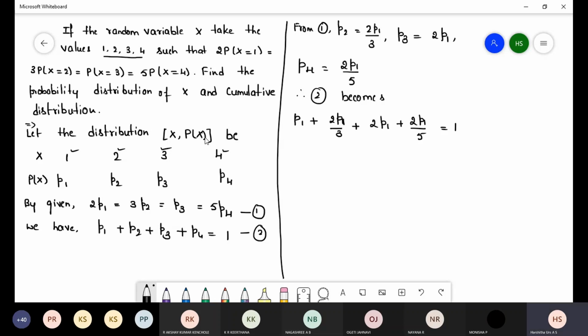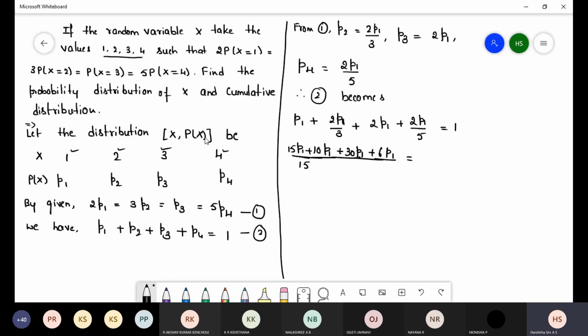Now take out the LCM. LCM is 15. So 15P1 plus 10P1 plus 30P1 plus 6P1.